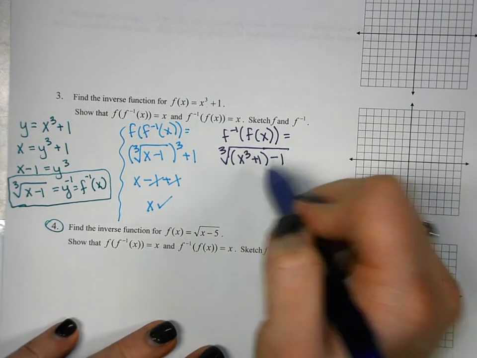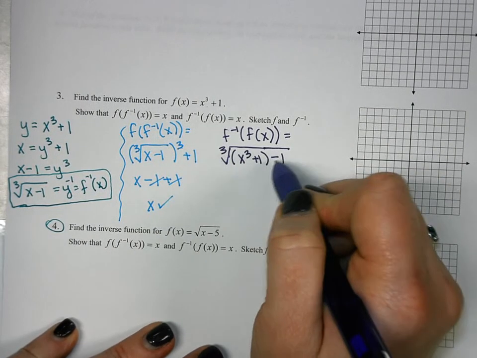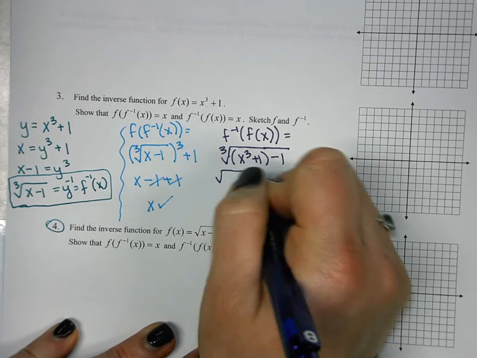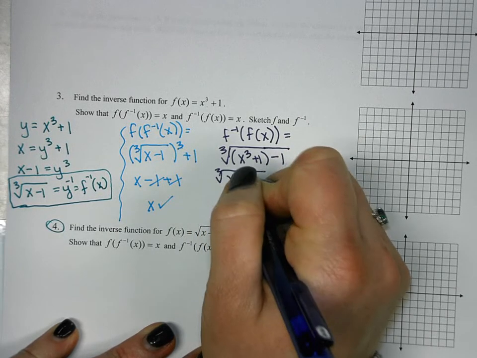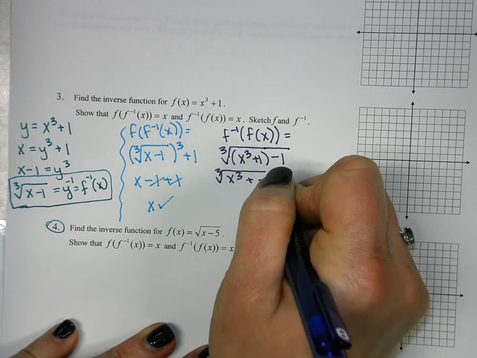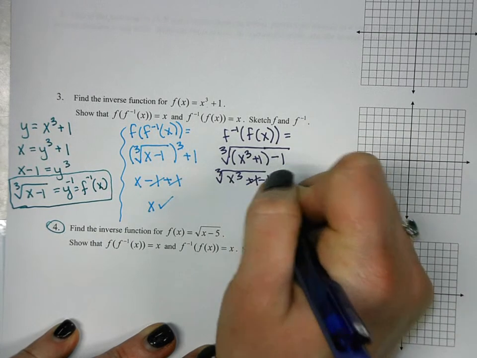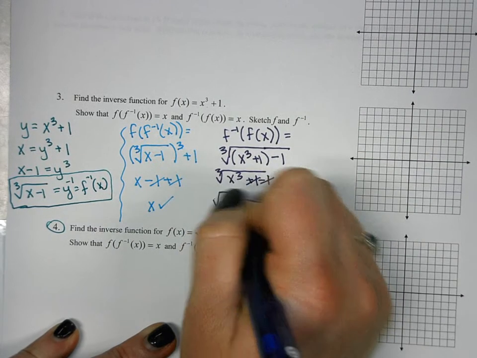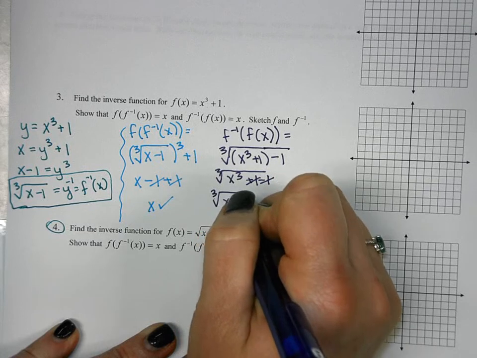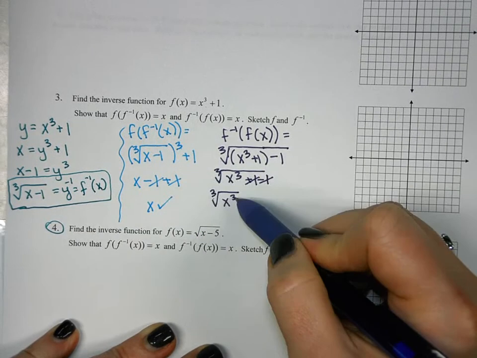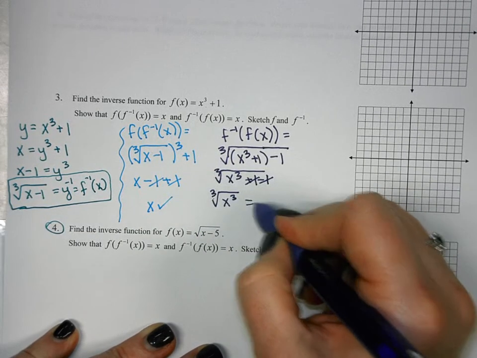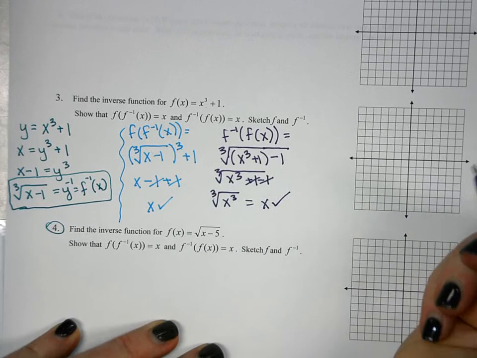Now inside, again, because it's adding, we can write this as the cubed root of x to the third plus 1 minus 1. So the 1's cancel out. We get the cubed root of x to the third. Again, a cubed root and a cubed cancel each other out, leaving us with just x, which again is what we want.